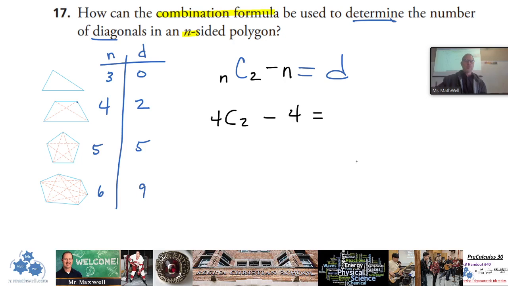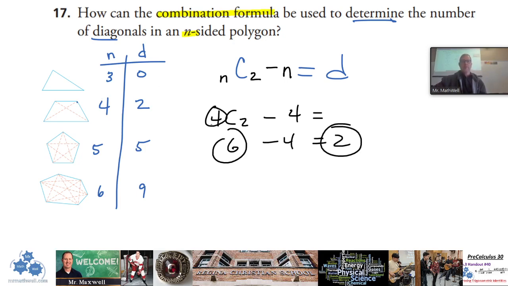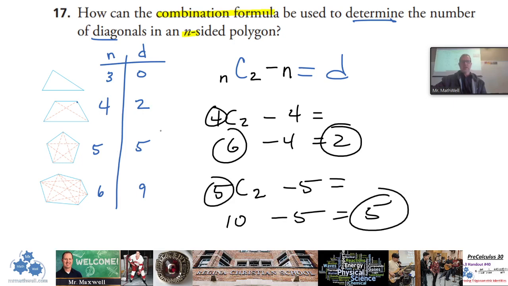What's 4 choose 2? 6 minus 4. Oh, that actually works. So what about n equals 5? 5 choose 2 minus 5. What's 5 choose 2? 10 minus 5 is 5. Look at that. Now we're on to something.